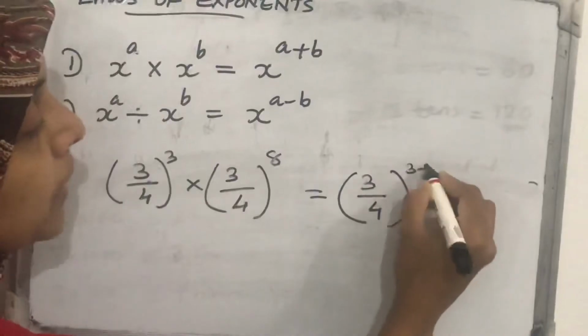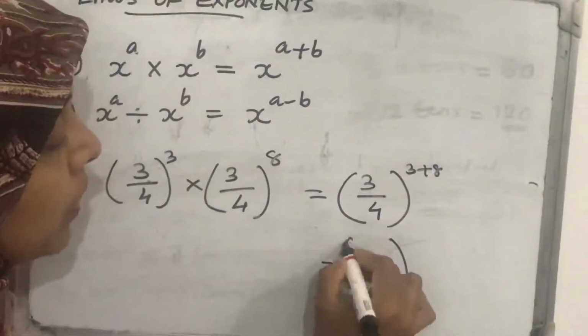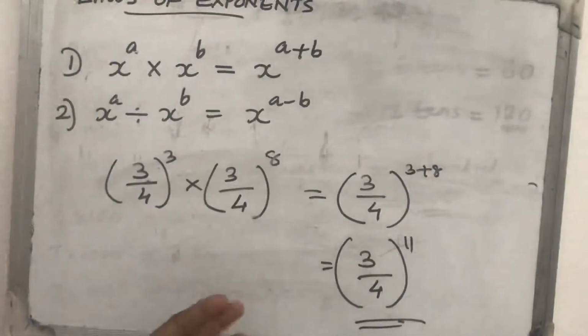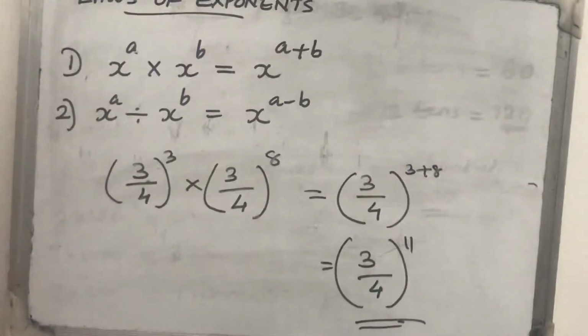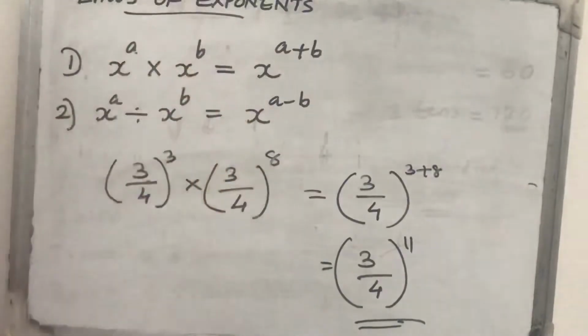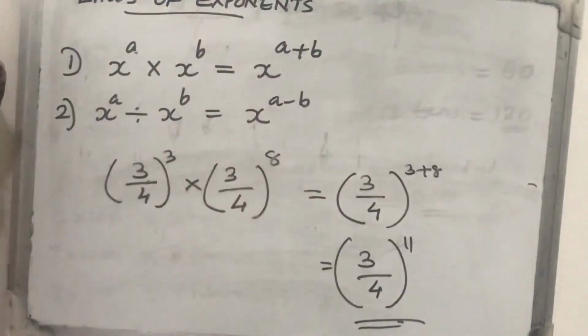So 3 plus 8, that will be equal to 3 by 4 whole raised to 11. Okay, this way we can use this first law of exponents for multiplication of exponent numbers with the same base and different powers. Take care of that. Only if it is the same base and different powers can we use this law: x raised to a into x raised to b equals x raised to a plus b.